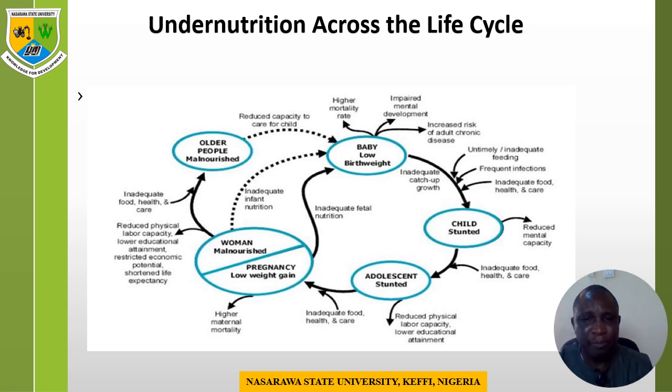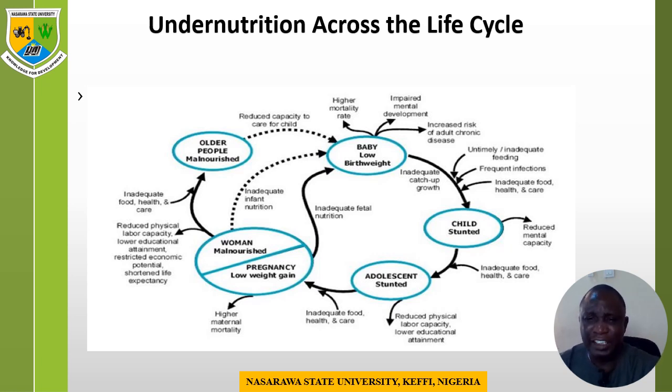Now, if this low birth weight baby is further exposed to inadequate intake of food, frequent infection, and inadequate health and care, this child develops into a child that is stunted.